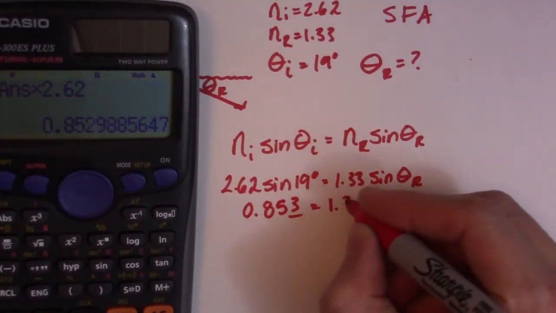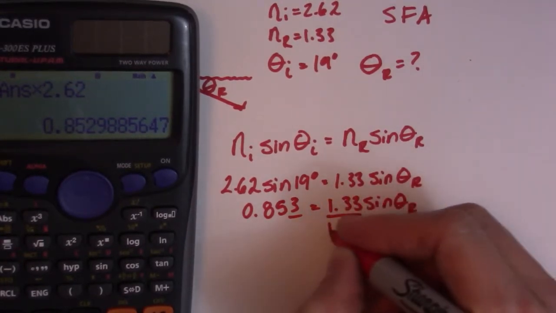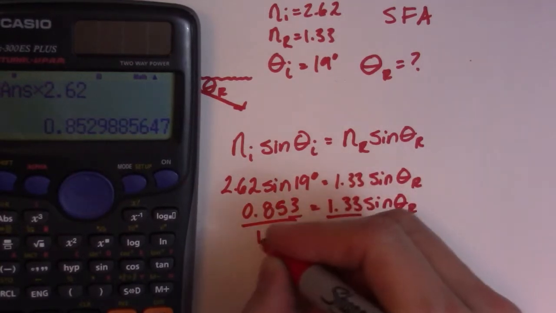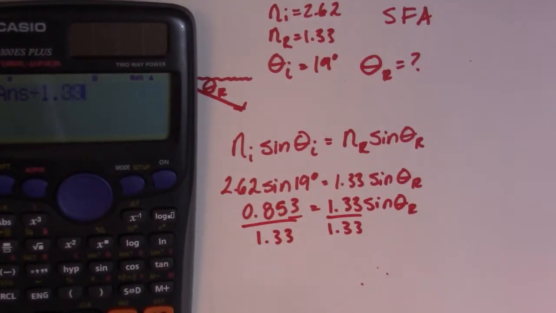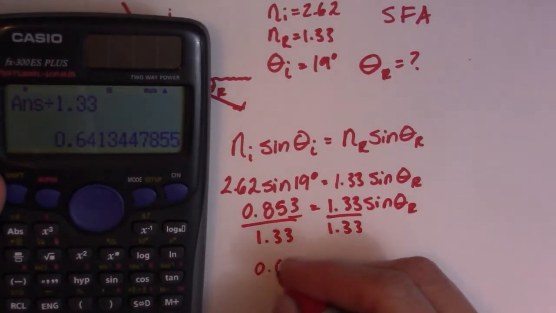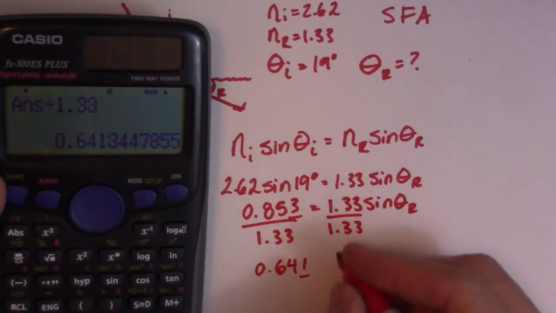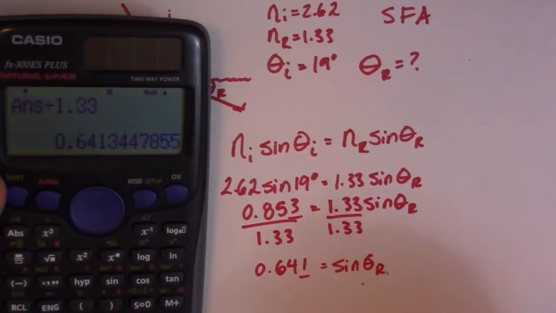And then 1.33 sine theta R. So divide both sides by 1.33, and I get 0.641 is equal to sine theta R.